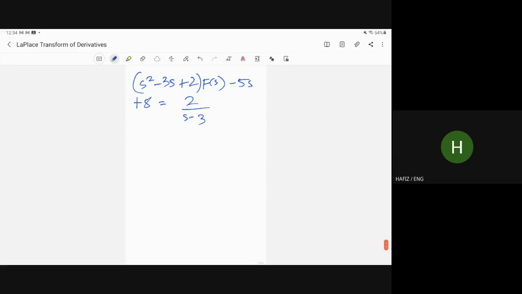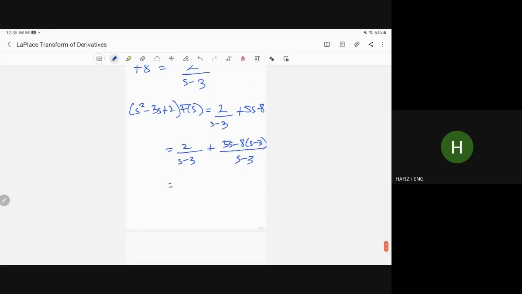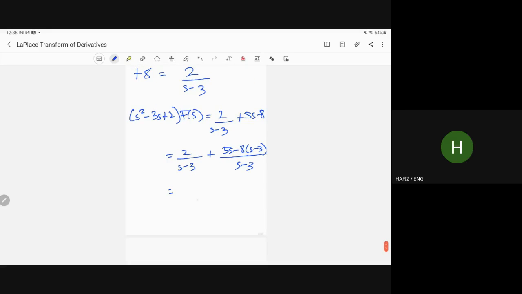So now you bring everything on the other side. That's equals to 2 over s minus 3 plus 5s minus 8, and you get on that side 5s squared minus 23s plus 26 over s minus 3.